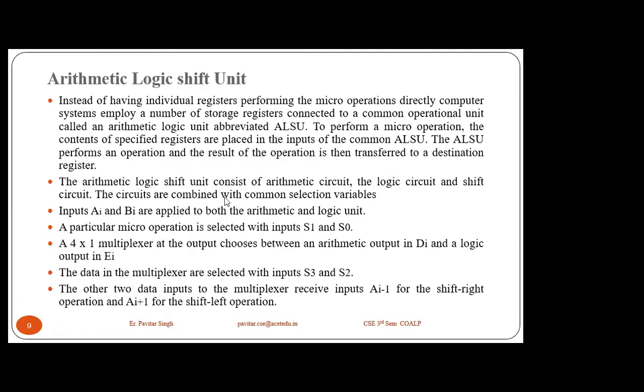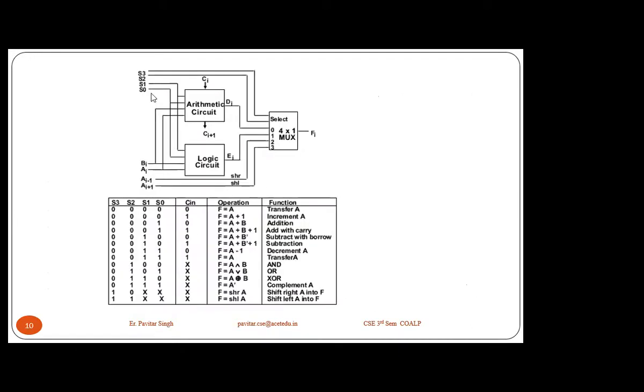The circuits are combined with common selection variables which are called control inputs, right? Written as S0, S1, S2 and S3. So these are the selection inputs or control inputs.